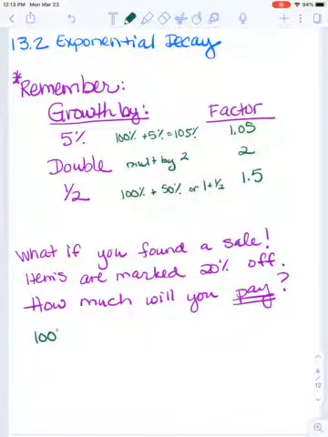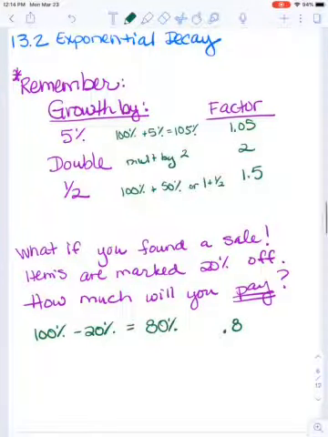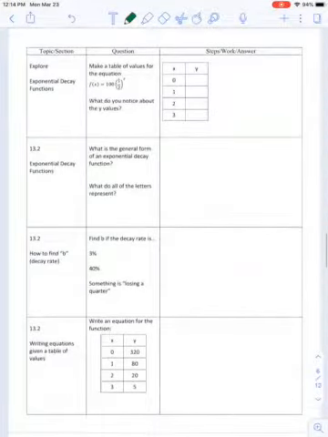In that case, you'd start out with 100% of your cost, you'd take away 20% of the cost, and you're going to spend 80%. So my factor there would be 0.8. That's just a little background as we head into our notes.